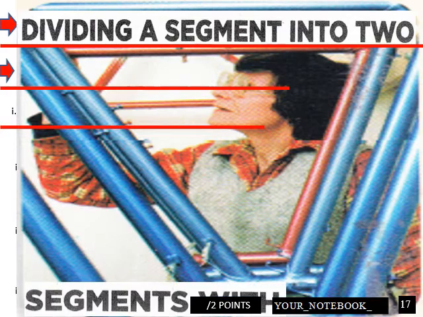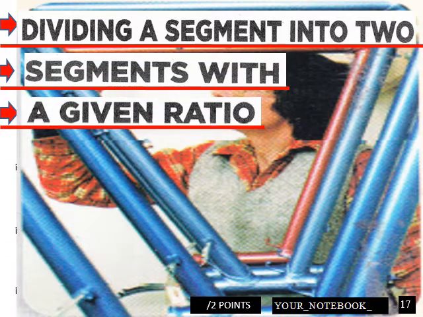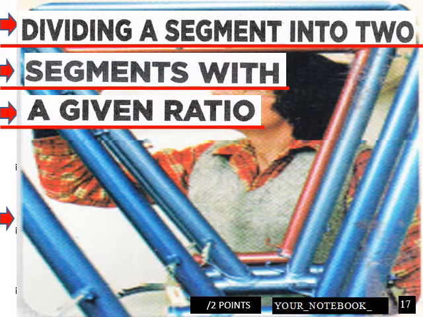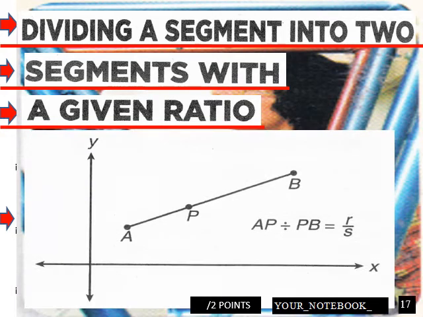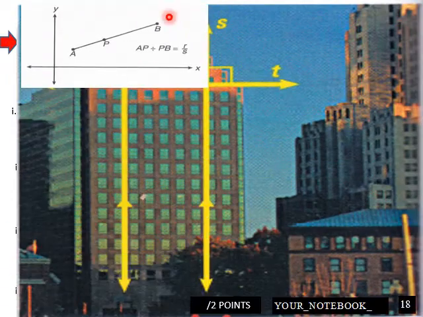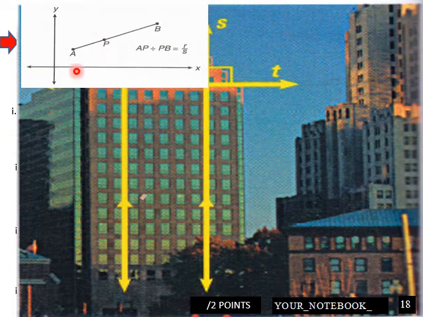Dividing a segment into 2 segments with a given ratio. Here is our ratio that we use to find point P, R over S. This is our diagram again.